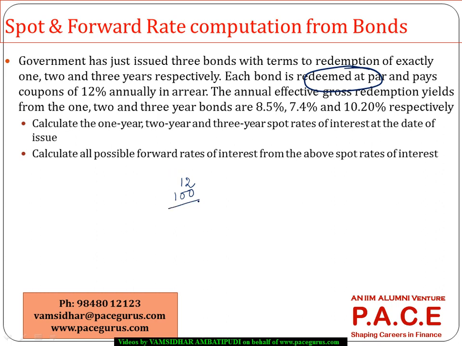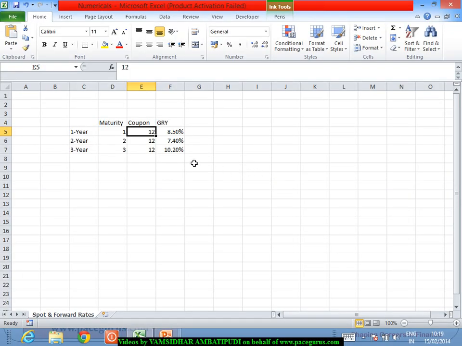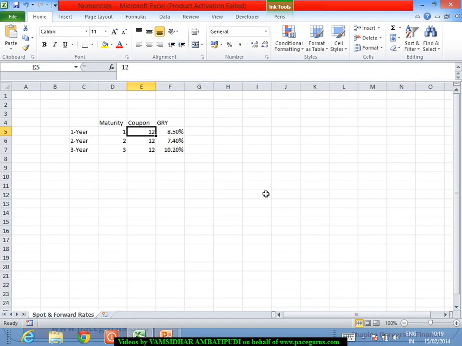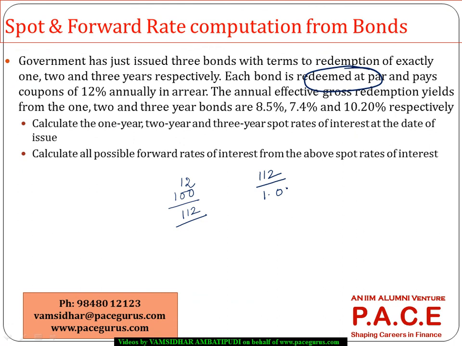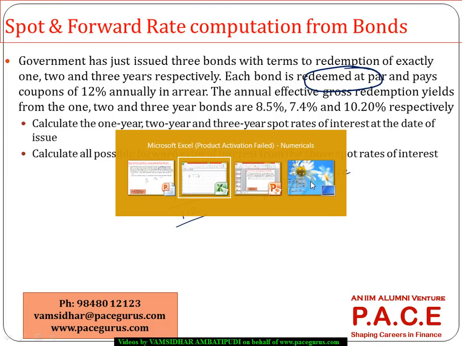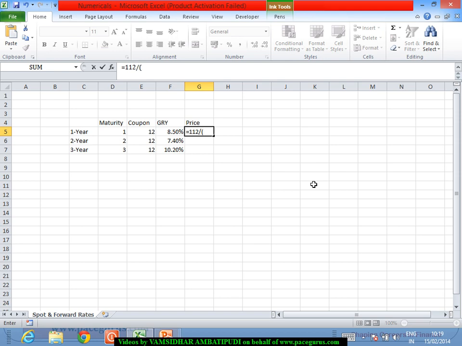For that 1-year bond, the face value is going to be 100. So at the end of 1 year, 112 is going to be the cash flow. I discount it by 8.5%, the gross redemption yield, to get the current price of this 1-year bond. The price is nothing but 112 divided by 1 plus 8.5%.